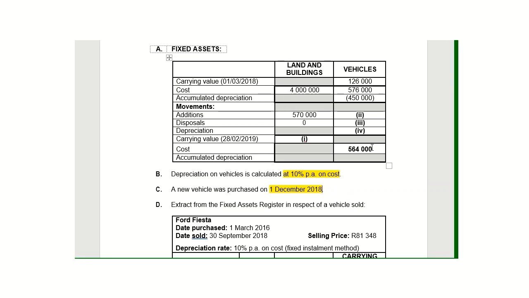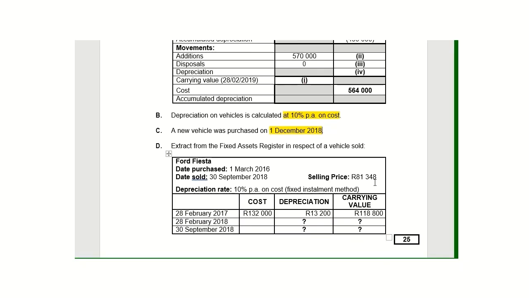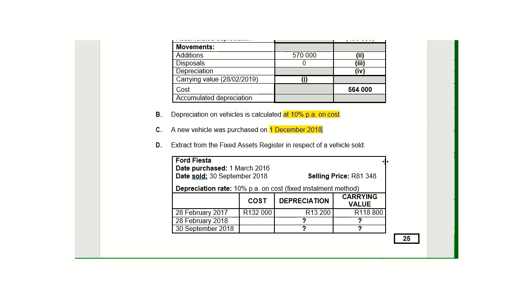If I could get the cost of the item sold, I could work back to get to the additions. And there they give me all the info of the item sold, including the cost.